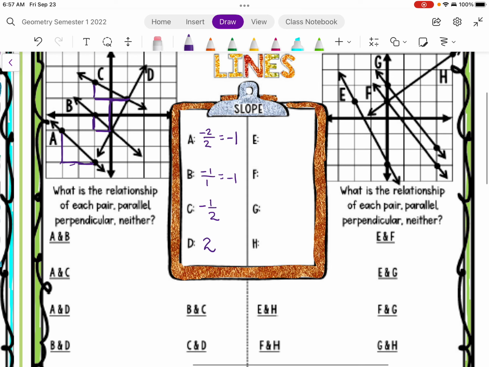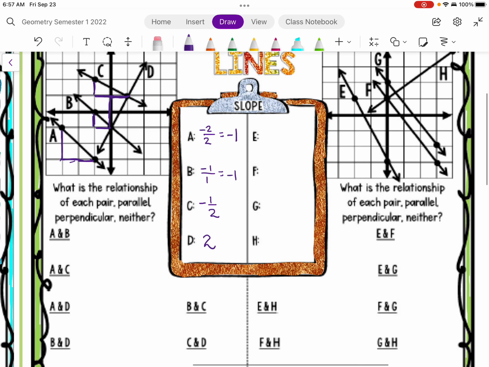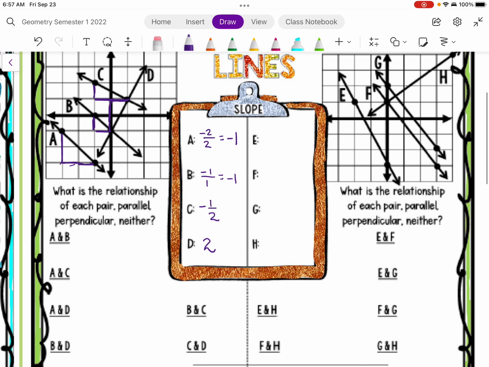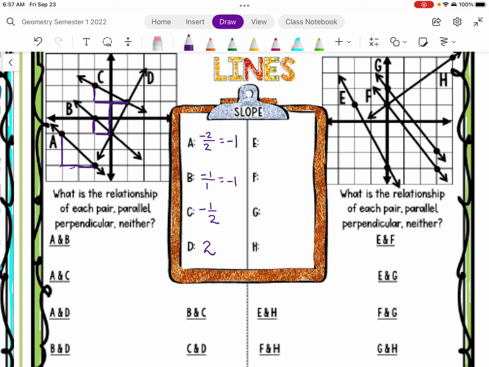All right. So if I want to know, are A and B parallel, perpendicular, or neither? Well, A is -1, B is -1. They're the same, so they must be parallel.